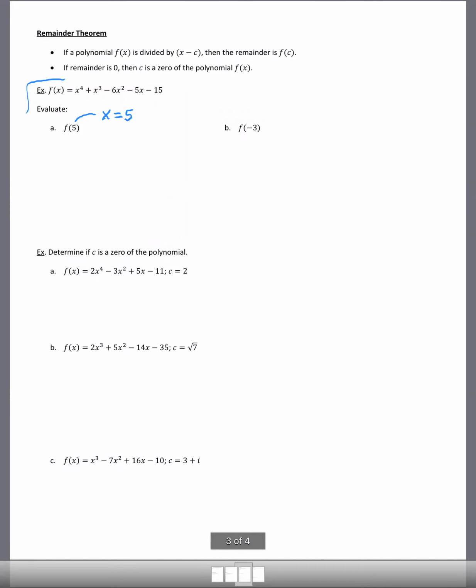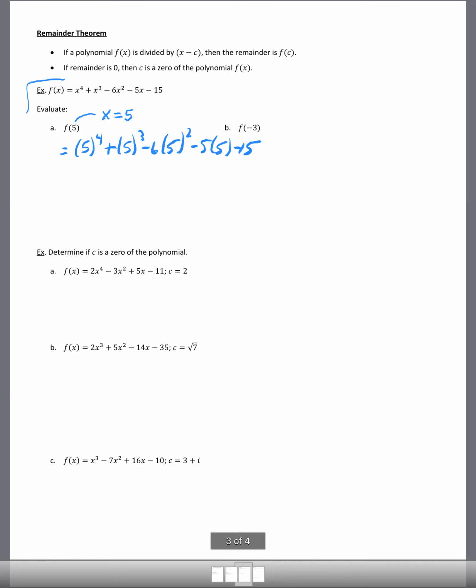What they're asking us to do is to go into the function and plug in the number 5, just like we used to do. And we will then go to our calculator and find out what that value is going to be.